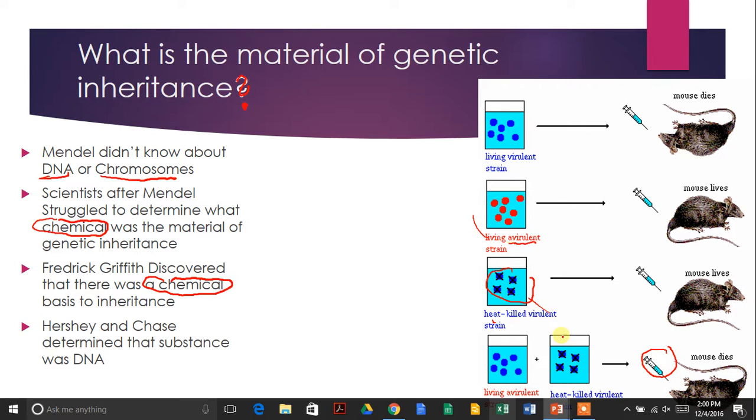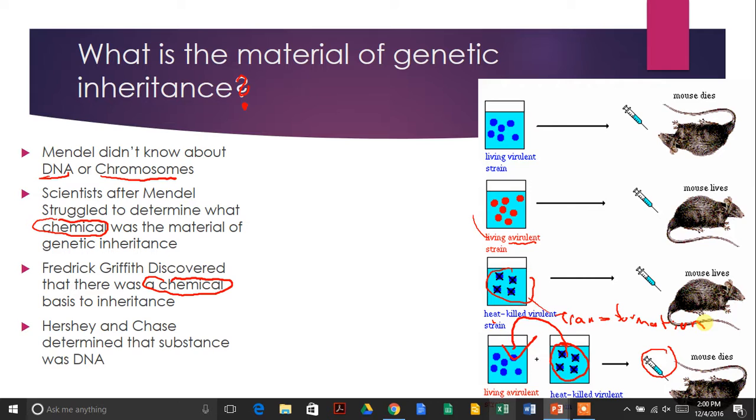And what did he conclude? That genetic information for making the toxin in the dead virulent strain was passed to the avirulent strain through some chemical substance. And he called this process transformation.